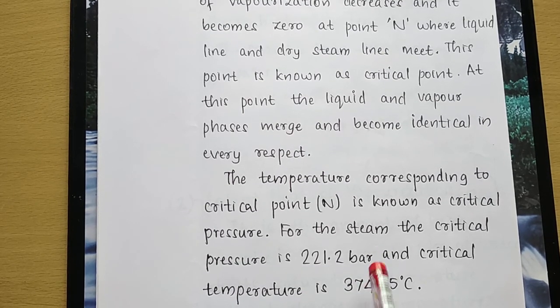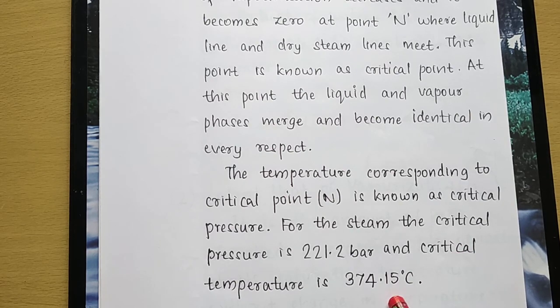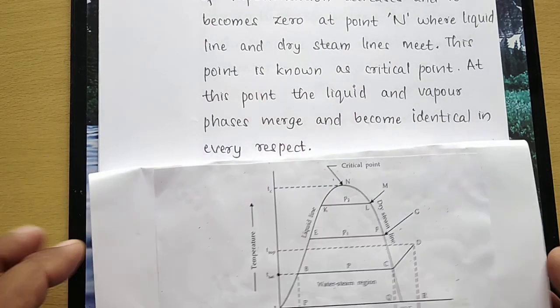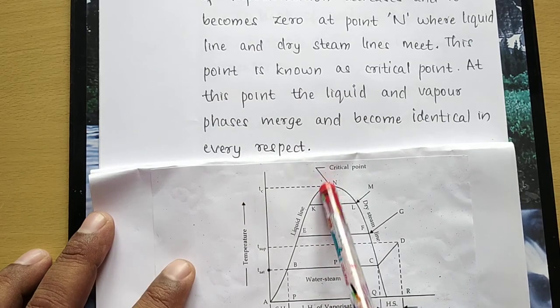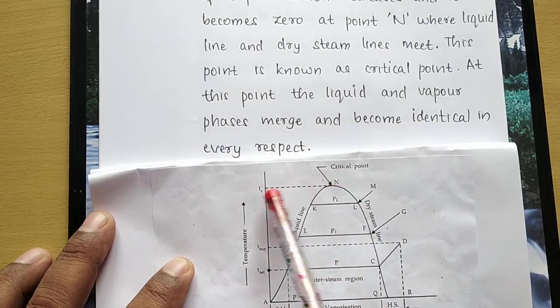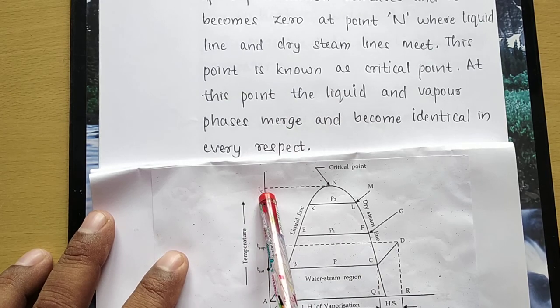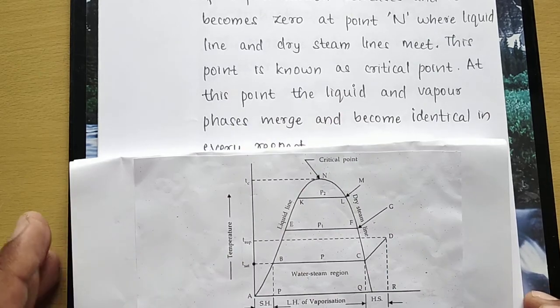I repeat, for steam the critical pressure is 221.2 bar and the critical temperature is 374.15 degrees centigrade. Meaning, at point N on the diagram, the pressure is 221.2 bar and the temperature is 374.15 degrees centigrade.